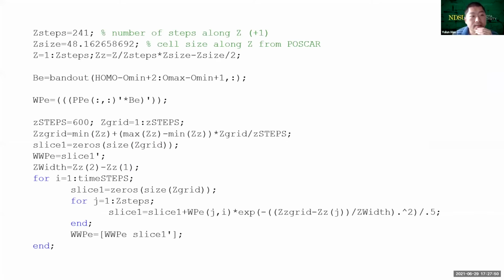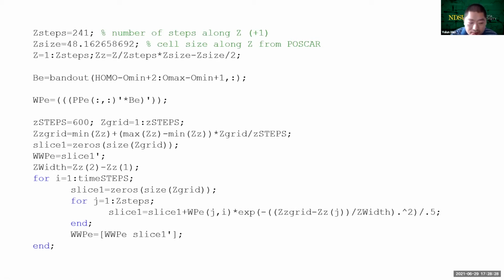Okay, so next is hot carrier dynamics in space. I guess it is pretty much a similar kind of code, except the input is a little bit different. Previously we used the energy, but here we use the bandout, information extracted from the bandout file. Previously we used EE, and here we have BE. That's a major difference.